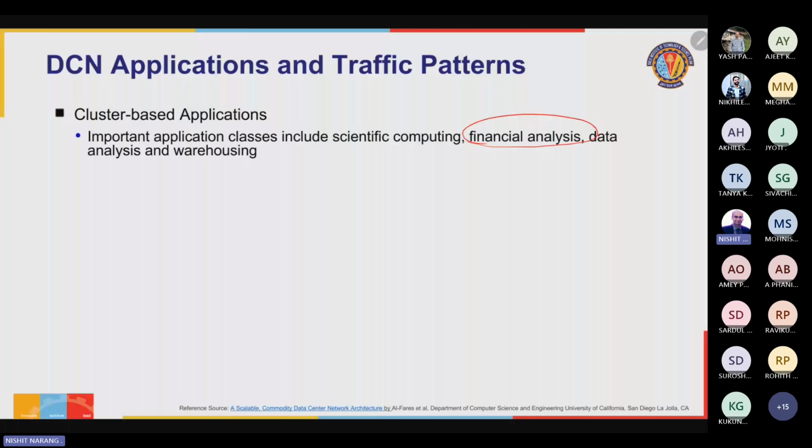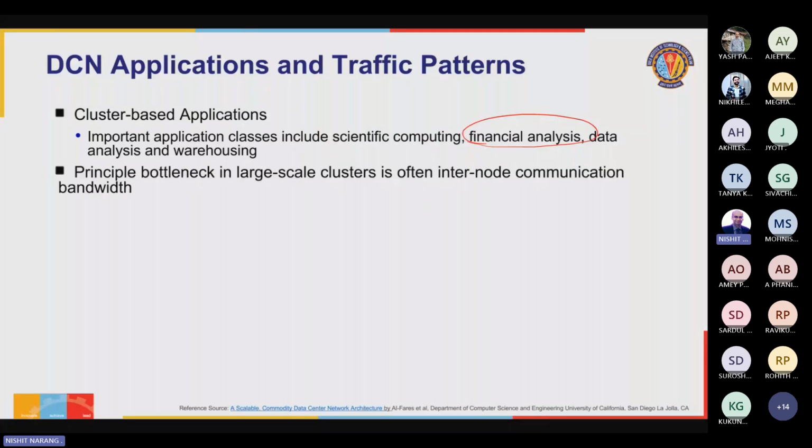But what do these kinds of applications require? A huge amount of data that needs to be stored in data warehouses, extensive data analysis, and complicated quantitative algorithms that have to run on top of that data. So what kind of application architecture are we looking at? A cluster-based application architecture.